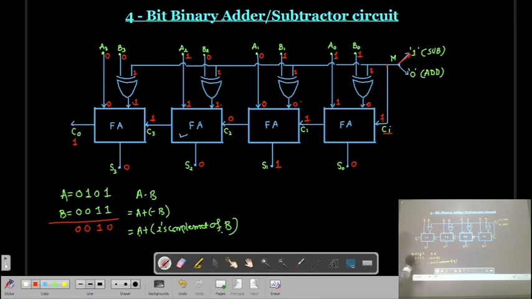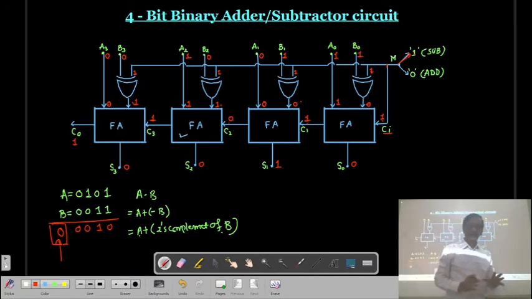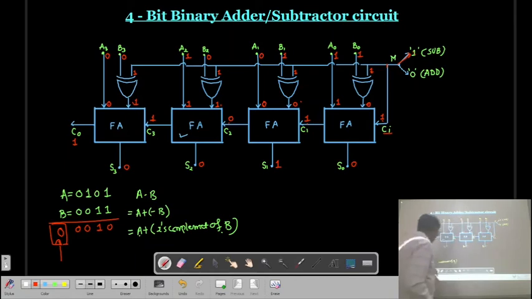And here whatever carry is generated, this carry we have to ignore. Already you know in 2's complement arithmetic, the final carry has to be ignored. Correct? So here if it is 0 or 1, it has to be ignored and your final answer is this 4 bit.